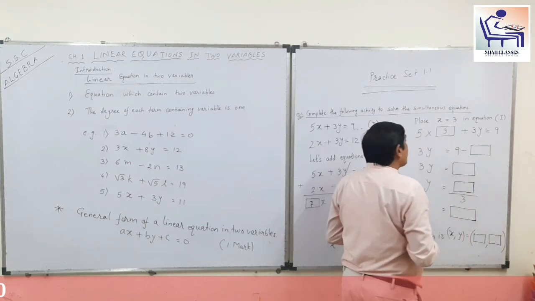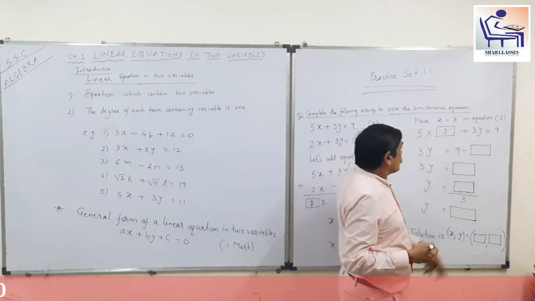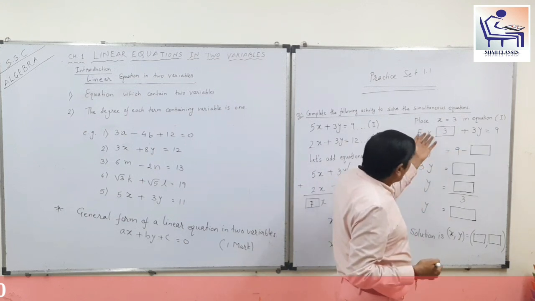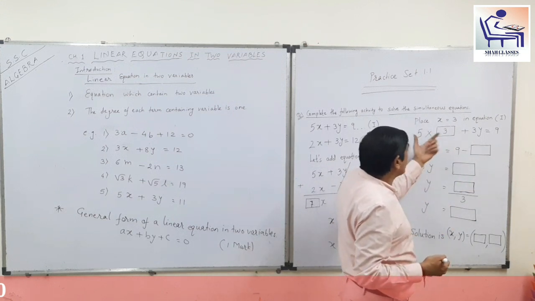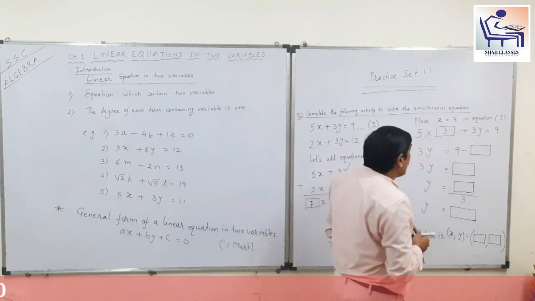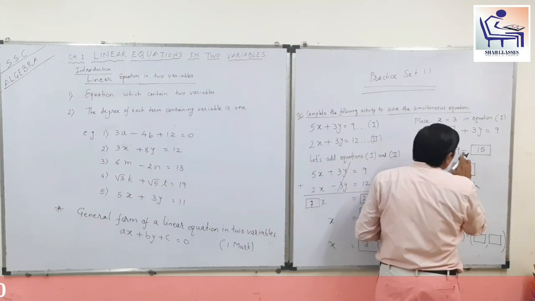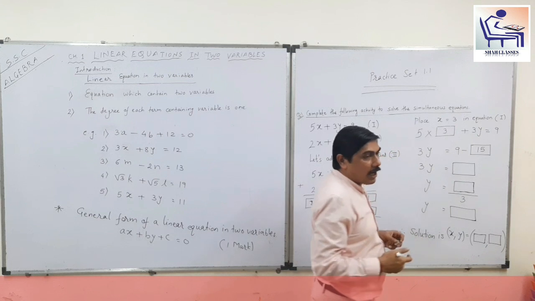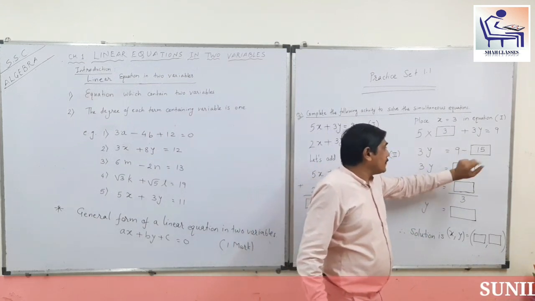So 5 into 3 plus 3y is equal to 9. Now 5 threes are 15, which is positive, so when it changes side it becomes negative. Here it is already given as minus 15.